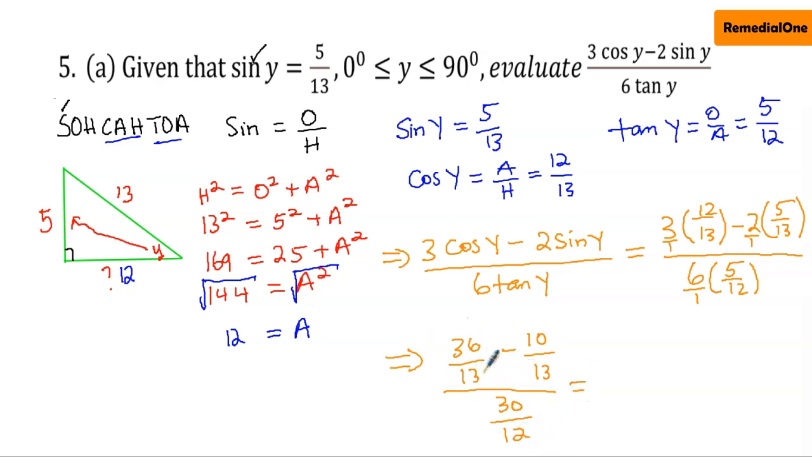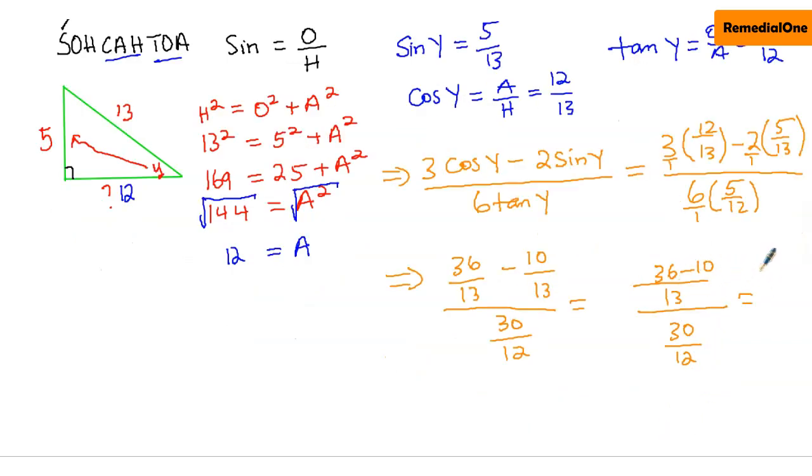Right here, they all have 13, so you just subtract. So you bring all of them under 13, and it's 36 minus 10, and then 30 on 12, which will give us 26 on 13 over 30 on 12.